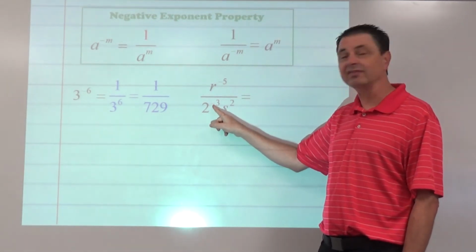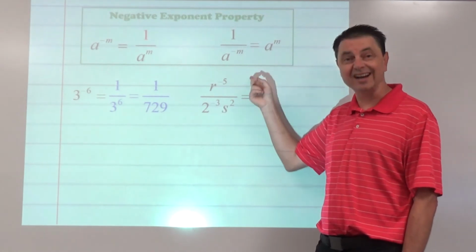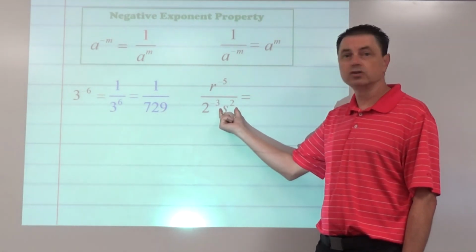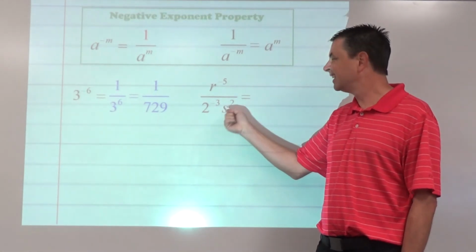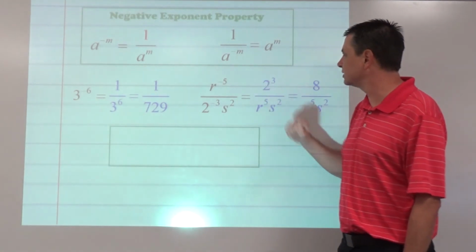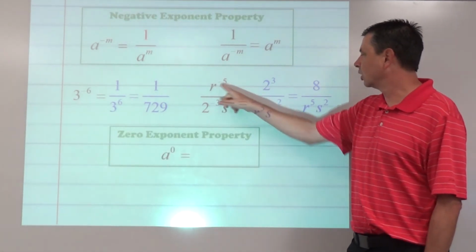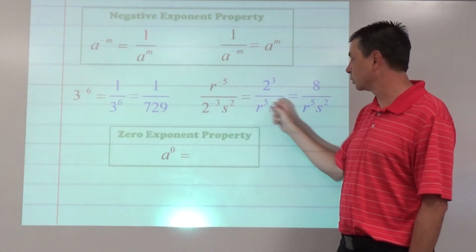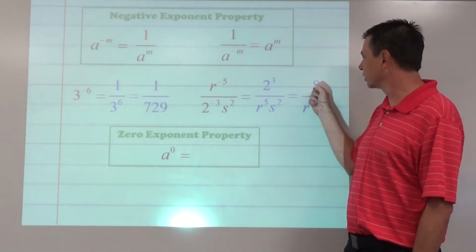The 2's, they have a negative exponent. They're going to go to the top. Exponent changes to positive. The s's do not have a negative exponent. They're going to stay where they're at. So as I said, the 2's go to the top. The r's go to the bottom. The s's, because they had a positive exponent, stay where they were. 2 to the 3rd power is 8.